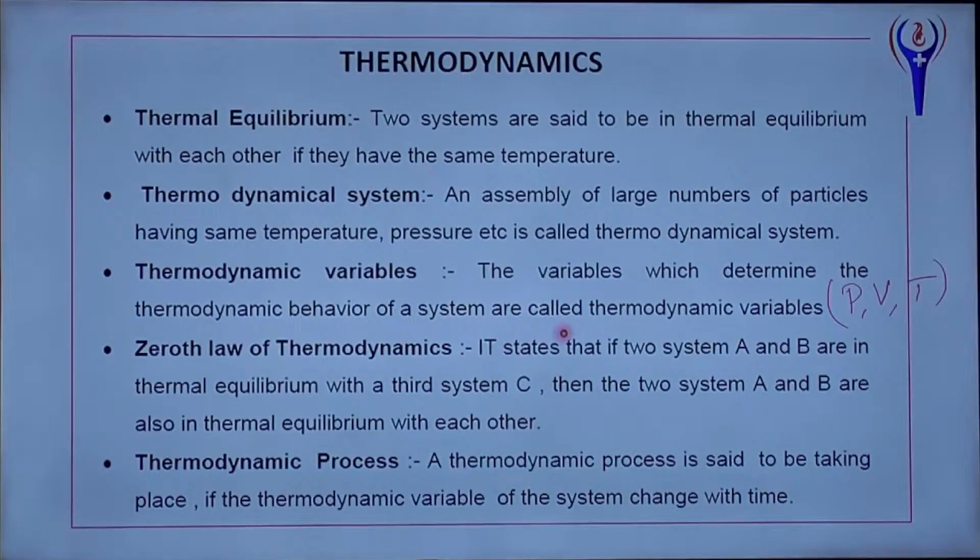Suppose A and B have the same temperature as C, then A and B also have the same temperature. That is the indirect meaning. So instead of same temperature, we are saying thermal equilibrium.